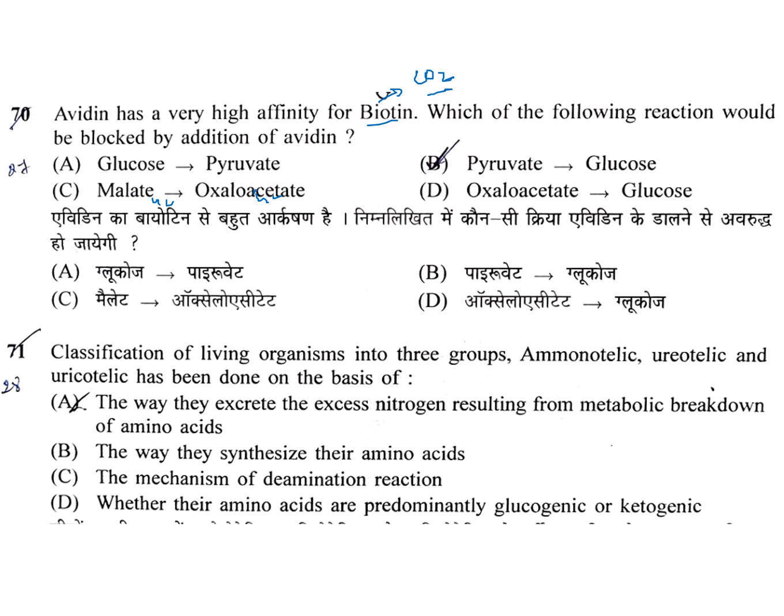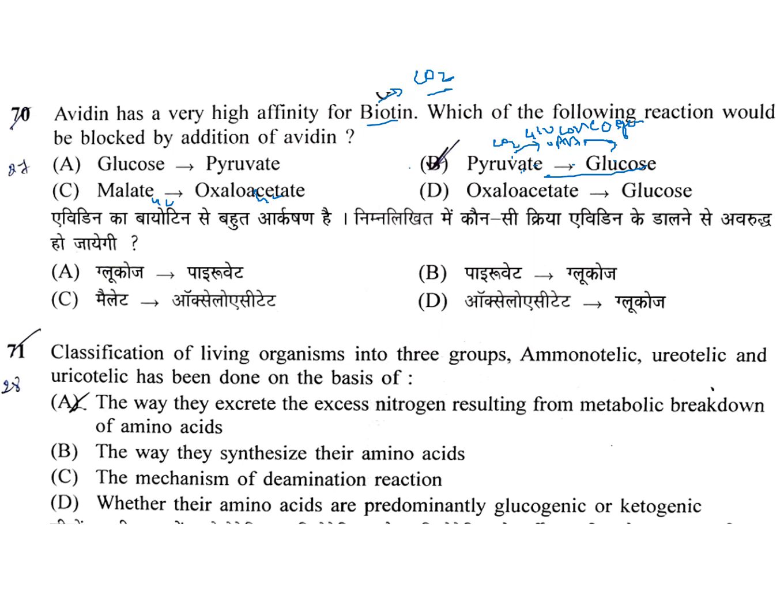Pyruvate to glucose is part of gluconeogenesis. In this, pyruvate is first converted to oxaloacetate, for transport from the mitochondria to the cytosol, and then it enters the cytosol. Here there is the addition of carbon dioxide.